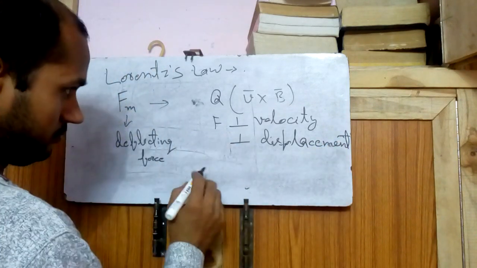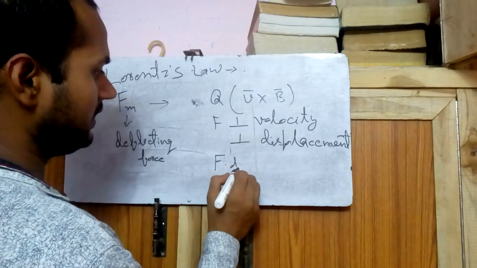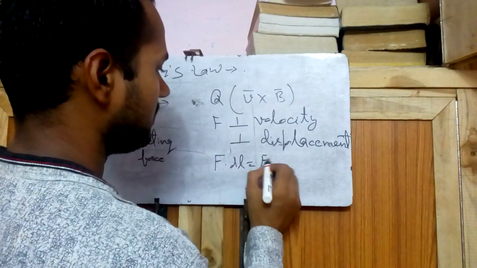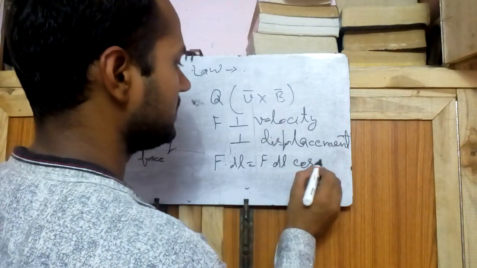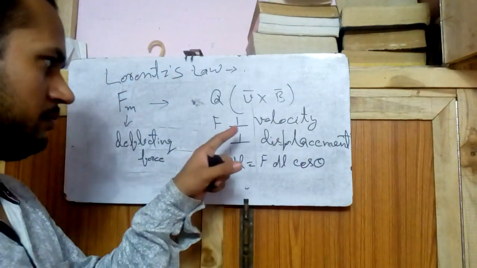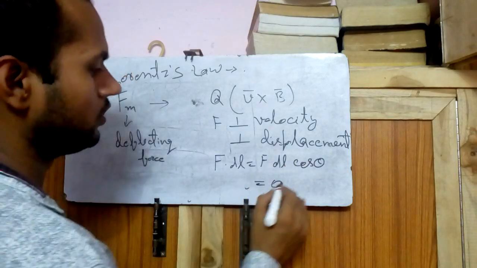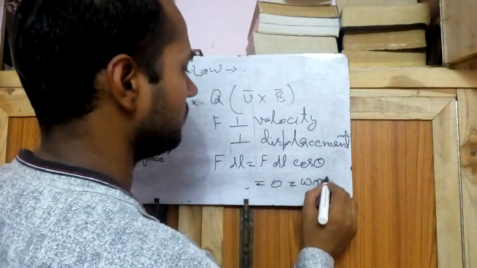So the work done F dot dl is F dl cos theta, and because of perpendicularity, theta is 90 degrees and cos 90 is 0. So work done is 0.